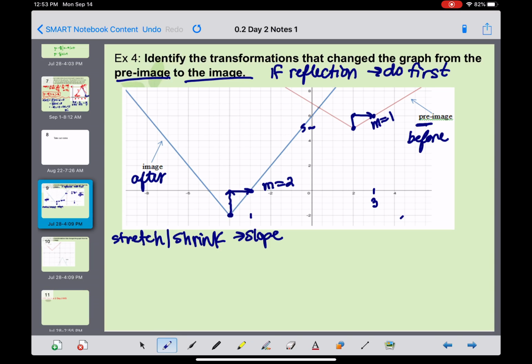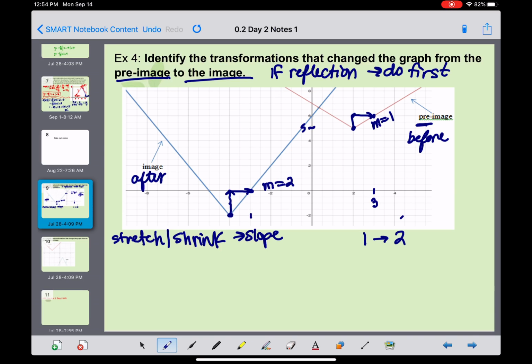Well, when we think about a stretch or a shrink, that means that we're multiplying the slope by a certain number. So when I said vertical stretch of 3, that means instead of the slope being 1, it's now 3, because 1 times 3 is 3. It's multiplied by a 3. Okay, so my slope was 1, now it's 2. So to go from 1 to 2, I need to multiply 1 by 2.